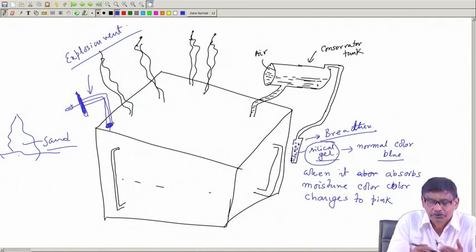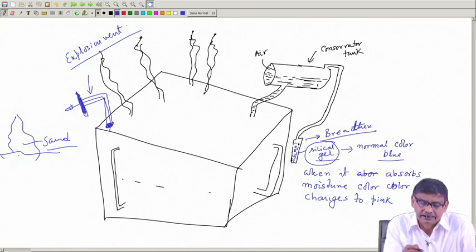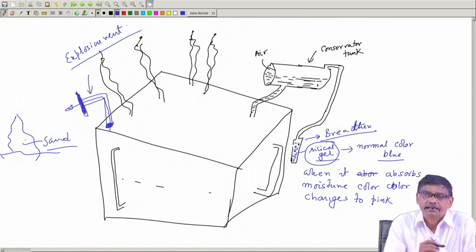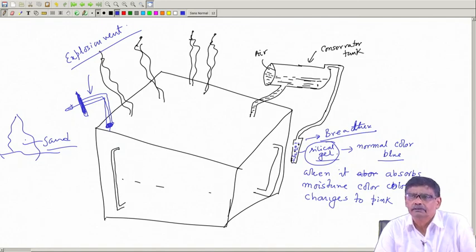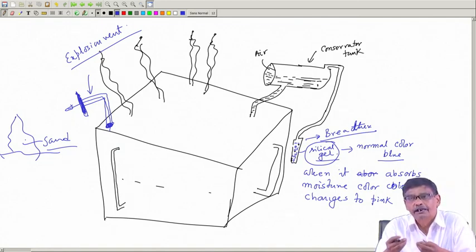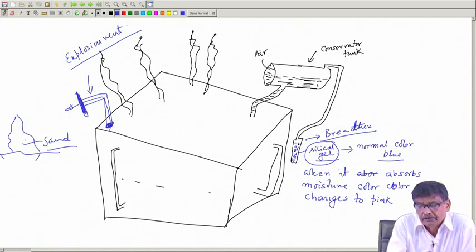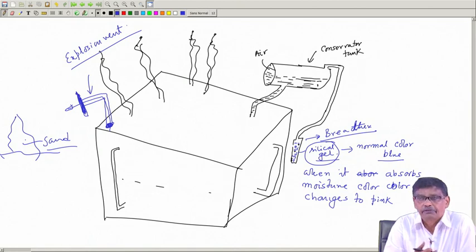On the floor, you keep some sand, etc., so that oil will come here. You must have read in newspaper, sometimes in some locality a transformer has exploded because of overloading or some protection mechanism did not work and it caused fire. So, anyway, this is the explosion vent which acts like a safety valve.